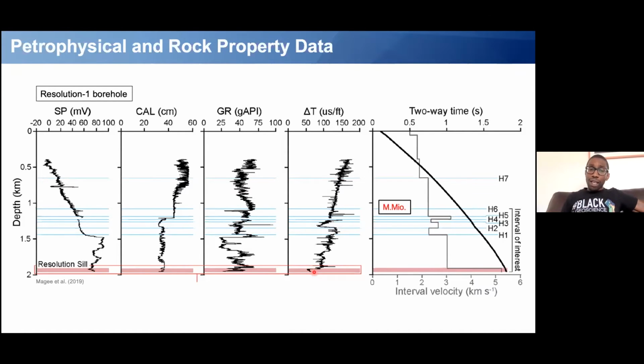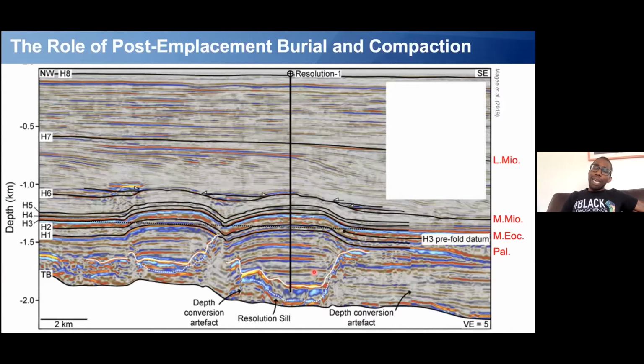So this was a really exciting chance to go back to the seismic and say, well, okay, if this is all buried, how might the shape of this fold have changed through time after it was buried? Because remember, the crystallized sill is largely incompressible, but the sedimentary rocks are very compressible.